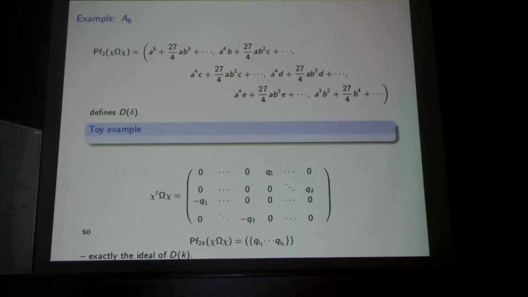And one can calculate very easily for A6, for example, the matrix I showed you before, the delta constant stratum is defined by this ideal, and you can compute with the toy example and get a rather simple form that shows that the 2 form that we guessed, the standard Mond 2 form, seems to be the right one. We get the right ideal of Pfaffians. Remember, the ideal of Pfaffians depends, of course, on the choice of 2 form.